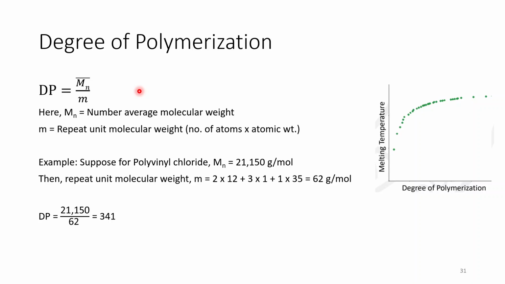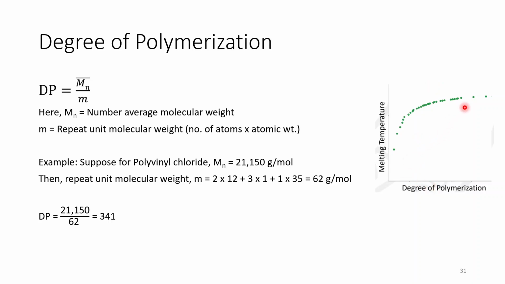So 35 is chlorine. So the correct answer will be, so for repeat unit molecular weight you will be having 62 gram per mole. Then degree of polymerization can be calculated based on the initial polyvinyl chloride molecular weight divided by 62. So it will be around 341.